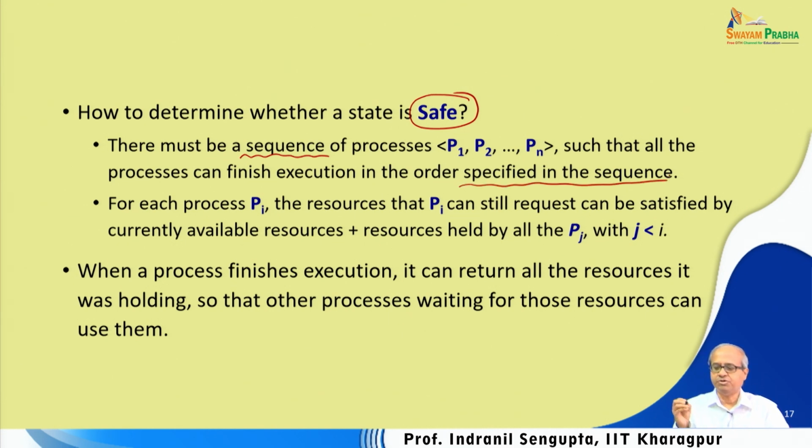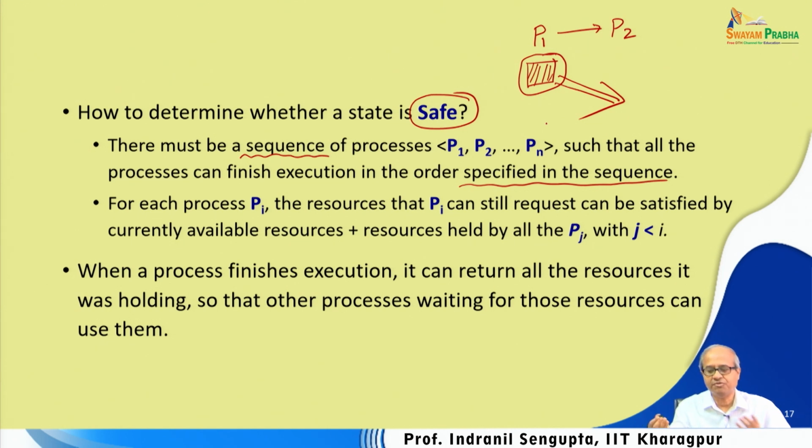Now, one thing is assumed: suppose P1 is executing first in the sequence. P1 may be holding some resources. After P1 finishes and you start with P2, all these resources which P1 was holding will be released. So, P2, P3, P4 may be using these resources if required.